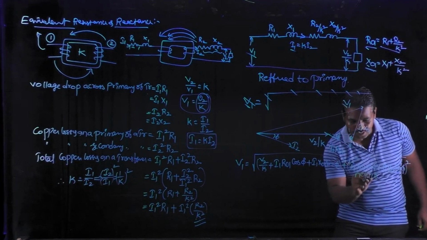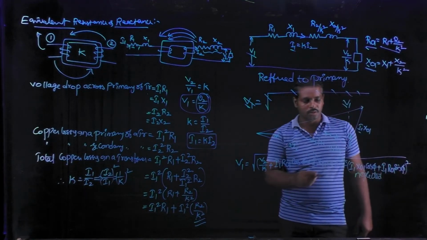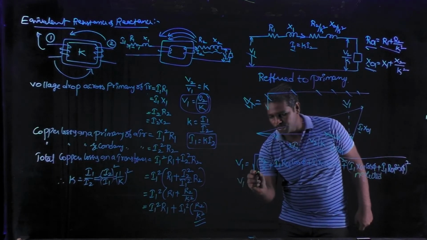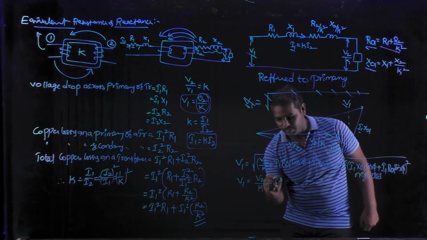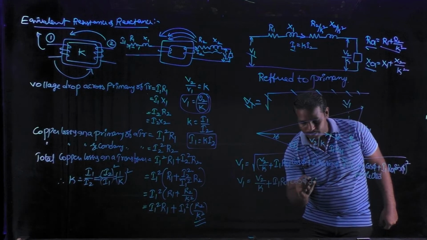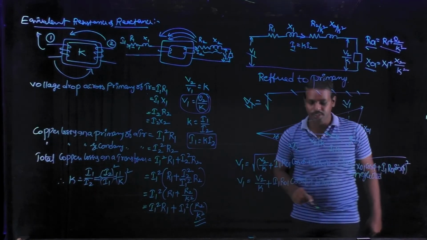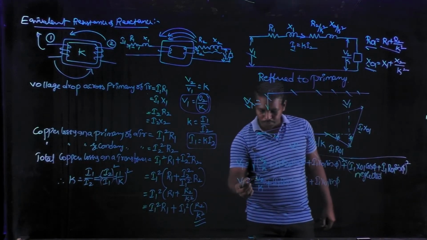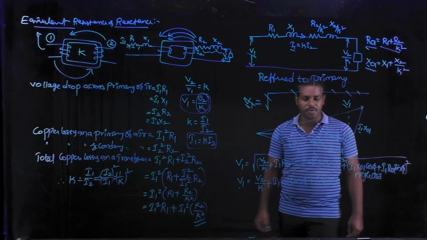Then the square root and the square both get cancelled. So V1 is equal to V2 by K plus I1 R01 cos phi plus I1 X01 sin phi.